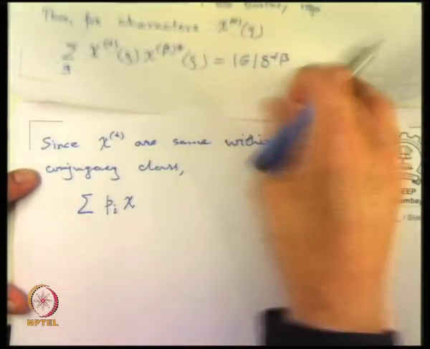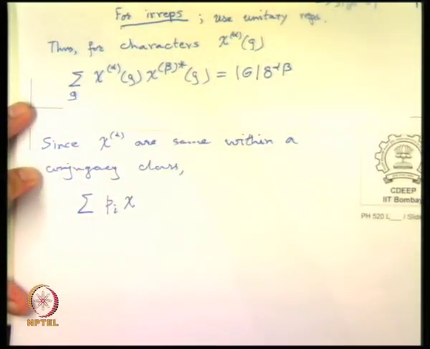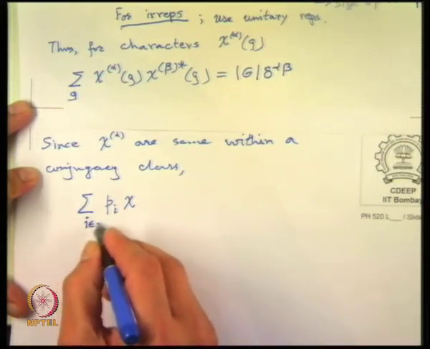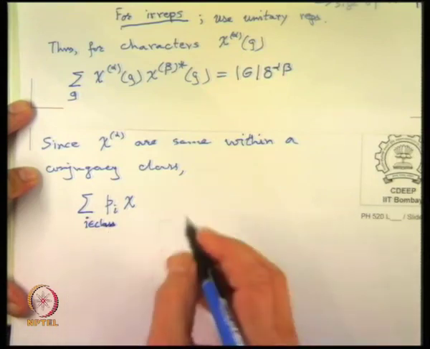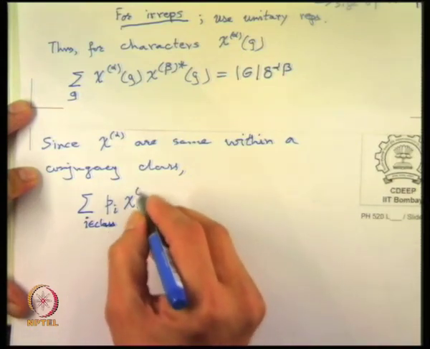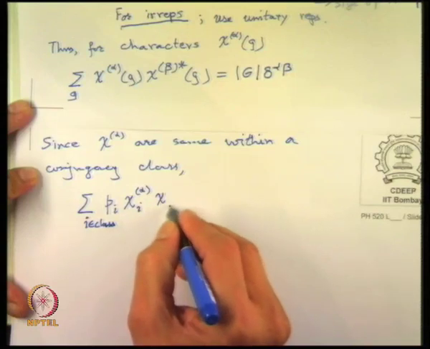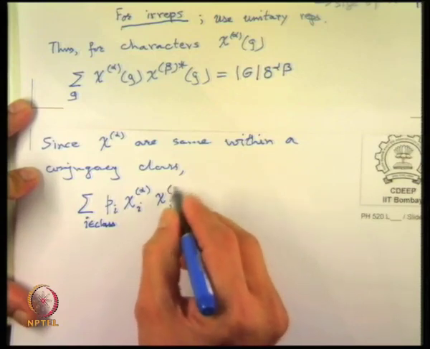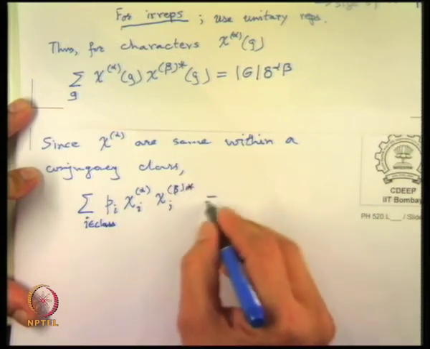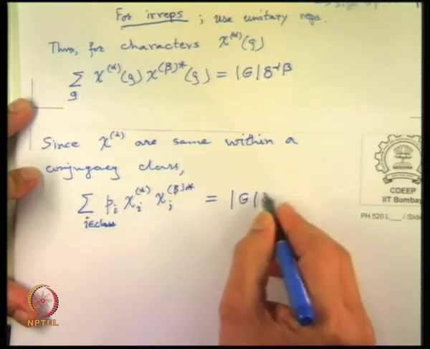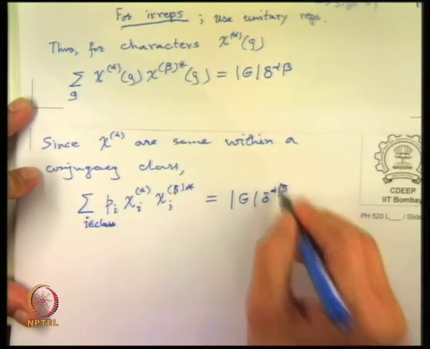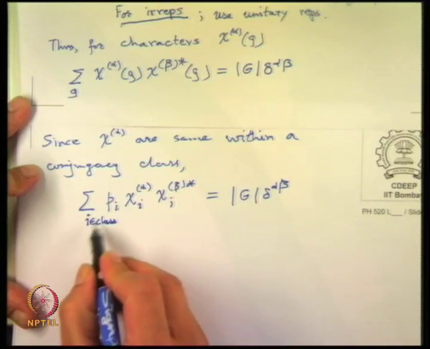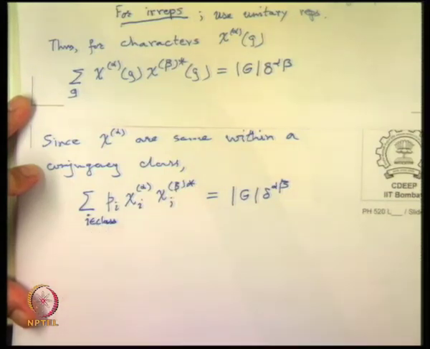This summation was over g, but now we simply sum over classes. Sorry, the index I is the class actually. All right. Okay.